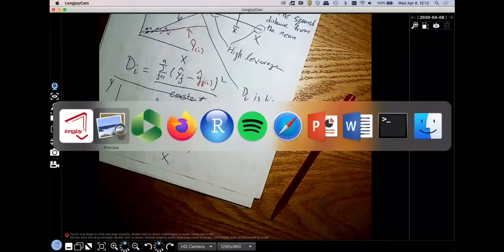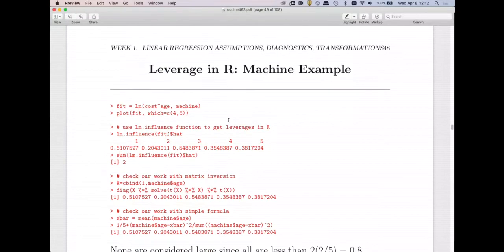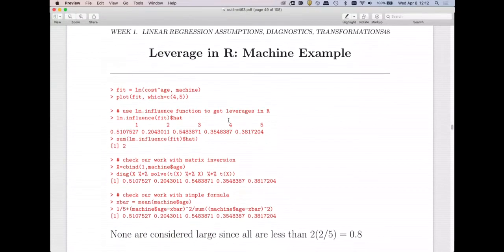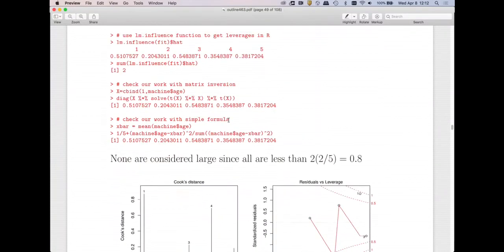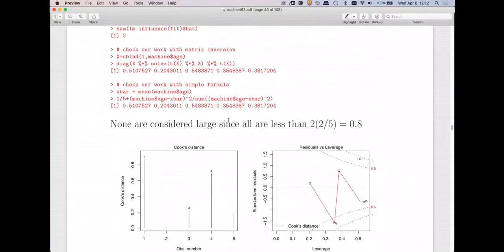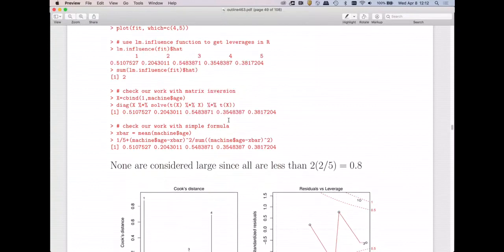So let's go back to the course packet for a second. I tried to work through an example. There was a problem that I'd given you way back during the review of simple linear regression. I called it the machine example. I changed one of the observations here so that it would be an outlier that would be influential.